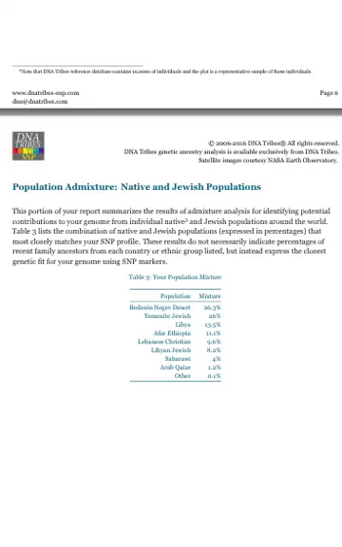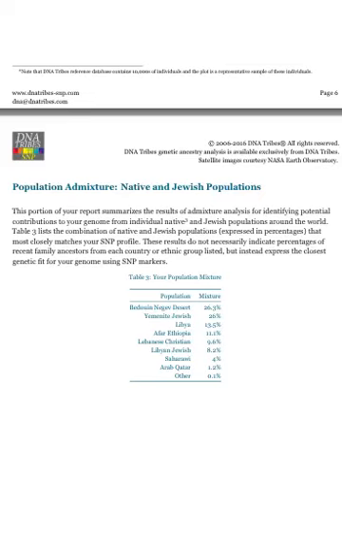So my population mixture is 26.3% Bedouin Negev Desert, 26% Yemenite Jewish, 13.5% Libya, 11.1% Afar Ethiopia, 9.6% Lebanese Christian, 8.2% Libyan Jewish, 4% Sahrawi, 1.2% Arab Qatar, and 0.1% other.